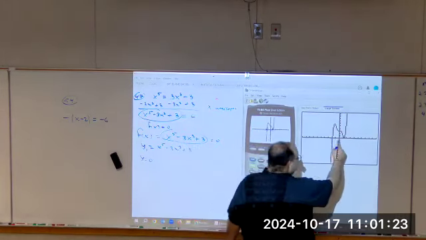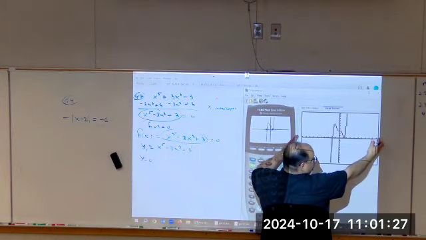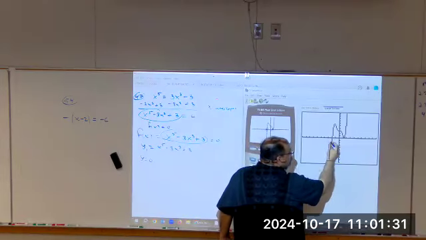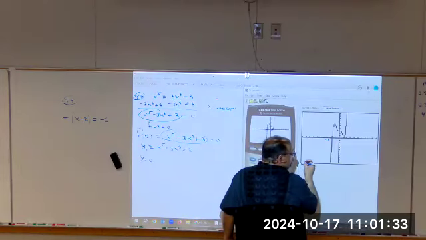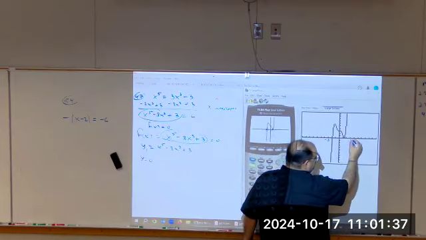But I do know that if this is negative 10, 10, I don't need that big of a window. Negative 1, negative 2, negative 3. I'm just going to change my window to negative 3. And I'll just make this side 1, 2. I'll make that positive 2.